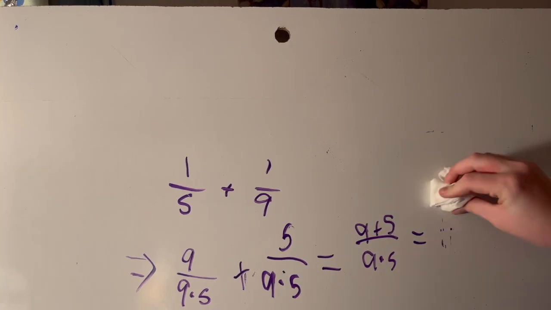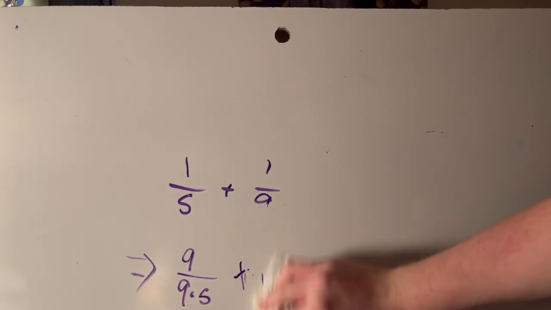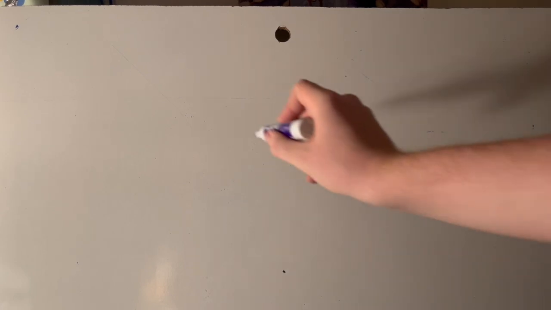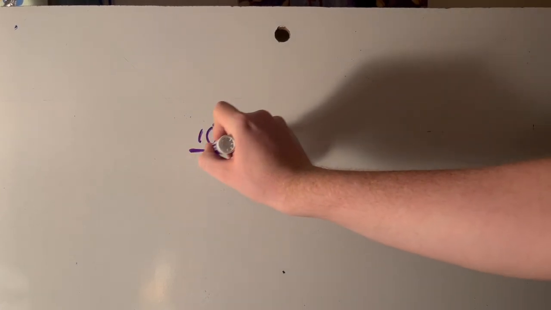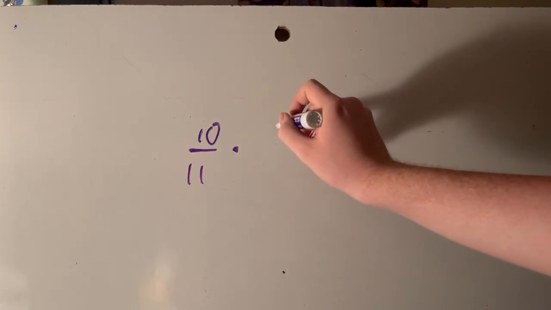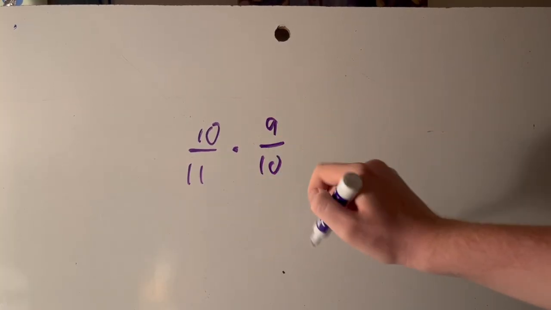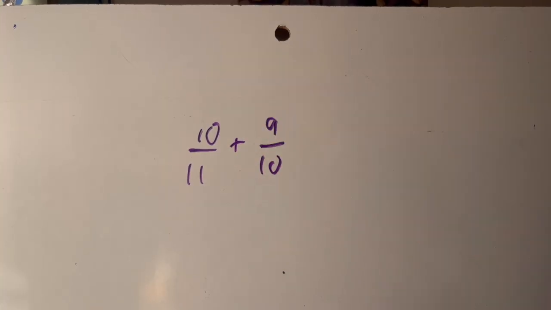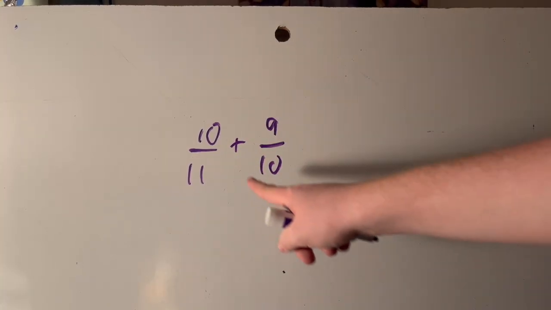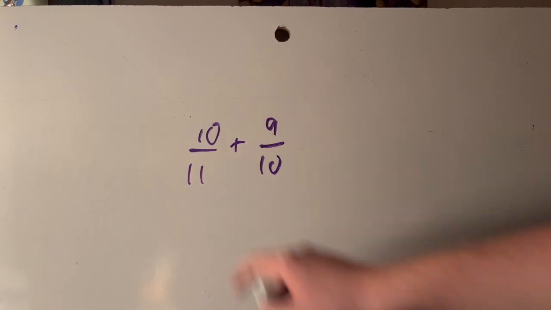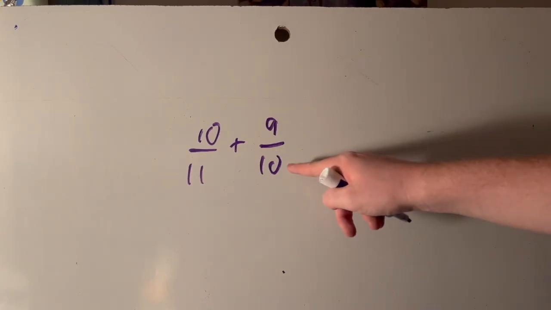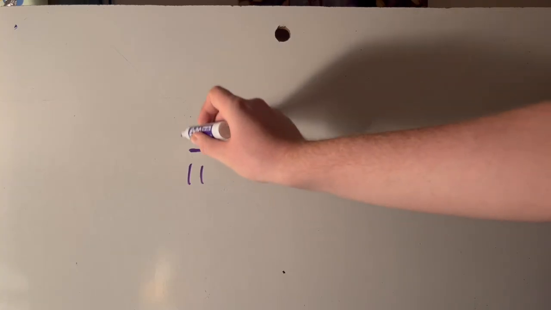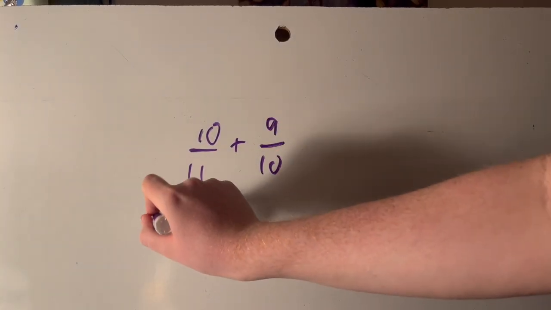Okay, now this will go exactly the same for subtraction, and if you have a different number than 1 in your numerator. For example, if you have 10 over 11 plus 9 over 10, what you can do, remember, is take this part of the equation, multiply it by 1, which can be rewritten as 10 over 10, so you multiply the numerator and the denominator by 10.